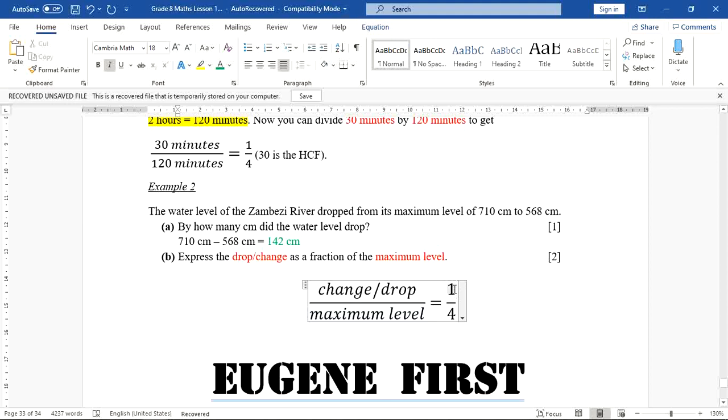The change is 142 and the maximum level is 710.